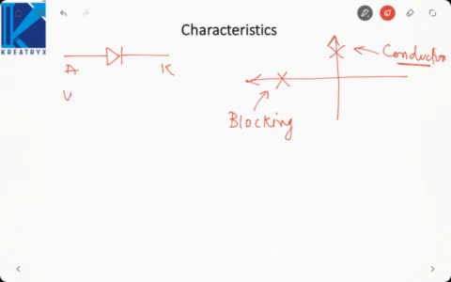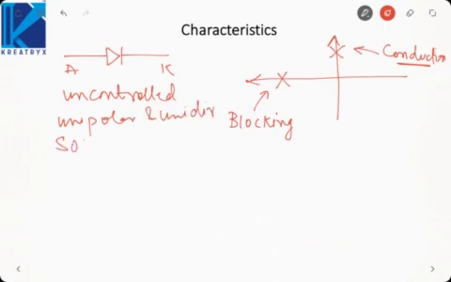Now it is an uncontrolled type of switch, unipolar and unidirectional, and the safe operating area, that is the operating area of this switch, is this. This is your second quadrant. Okay, so that is how we determine the safe operating area between the current and the voltage limits.